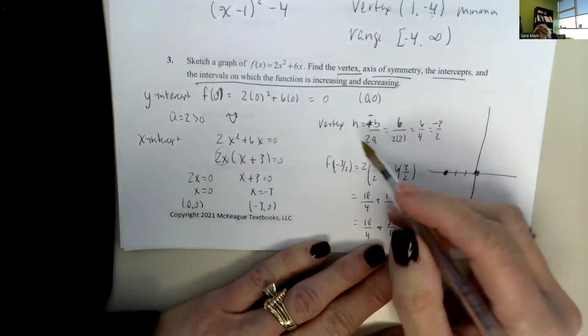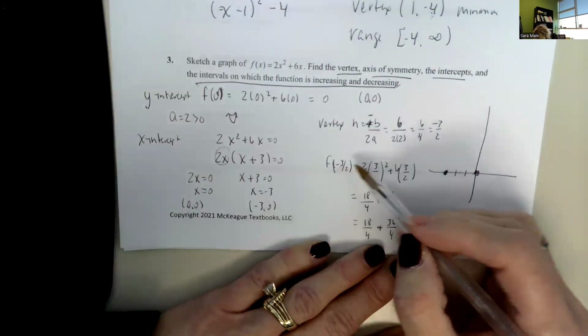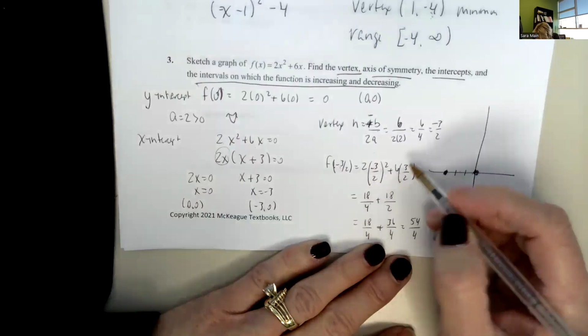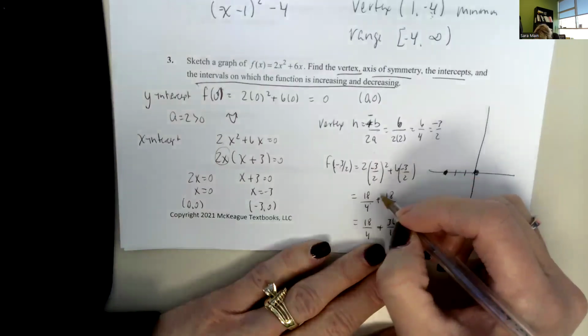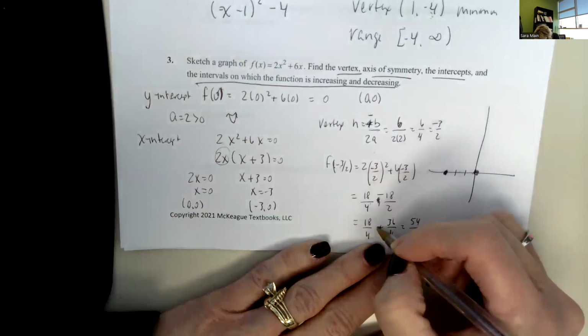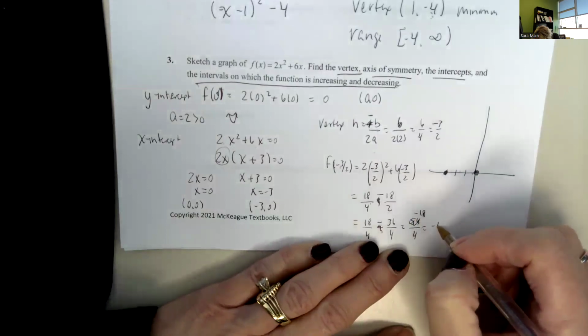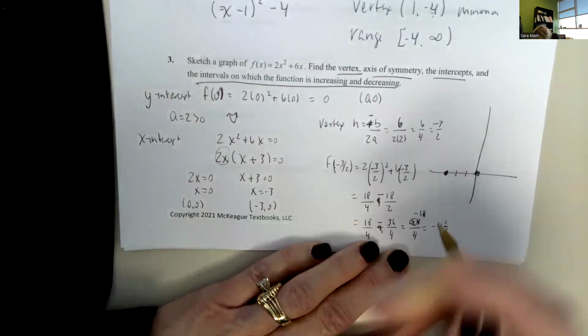I made a mistake because I should be putting in a negative 3/2. The one that is squared won't matter, but this was a negative, so I should be subtracting this and subtracting that. So it's really a negative 18/4 or a negative 4.5.